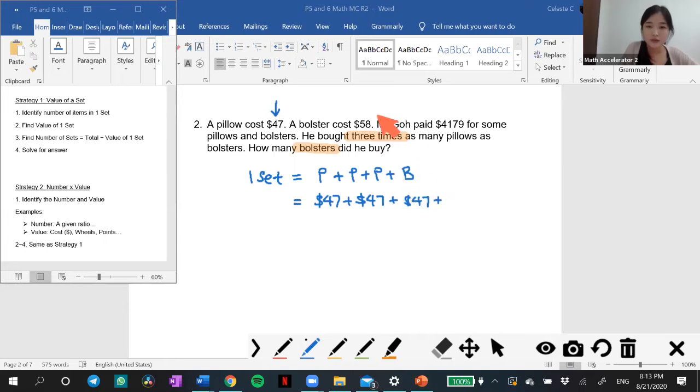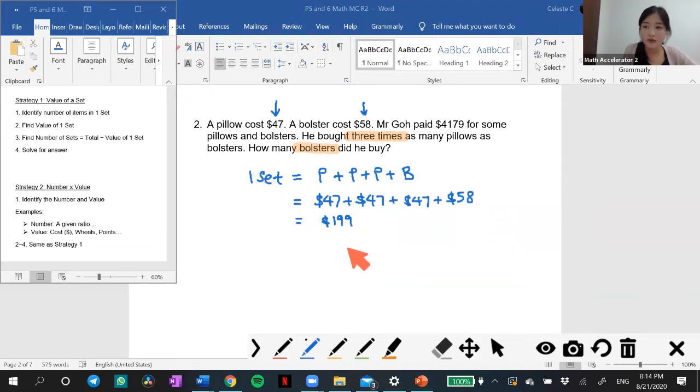Right, and then the value of the bolster, 58. So value of one set, calculate everything up. 199, okay. This is the value of one set.